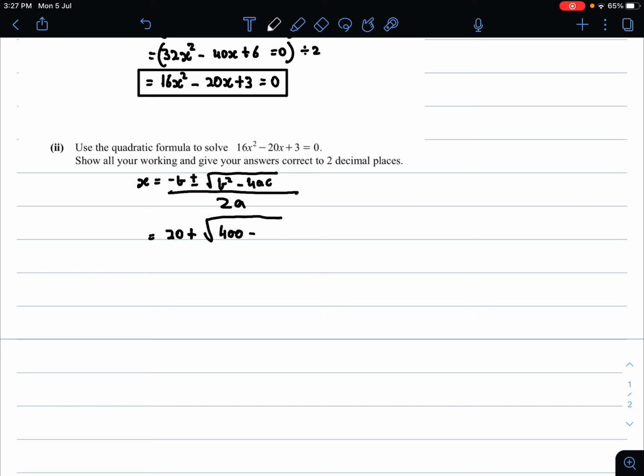So 4 times 16 times 3 is 192. So therefore 400 minus 192 and divided by 2a, so 16 times 2, which would be 32.